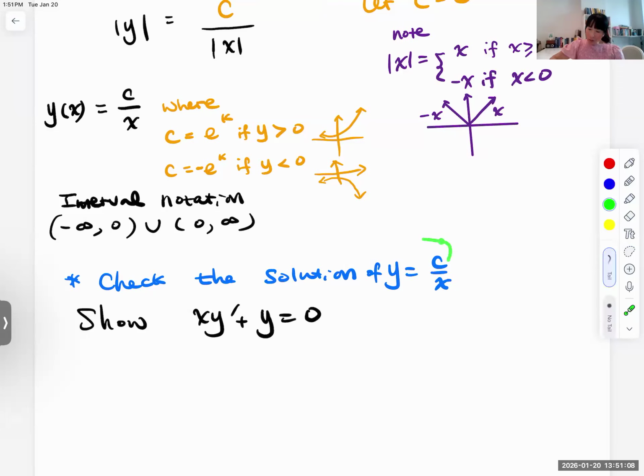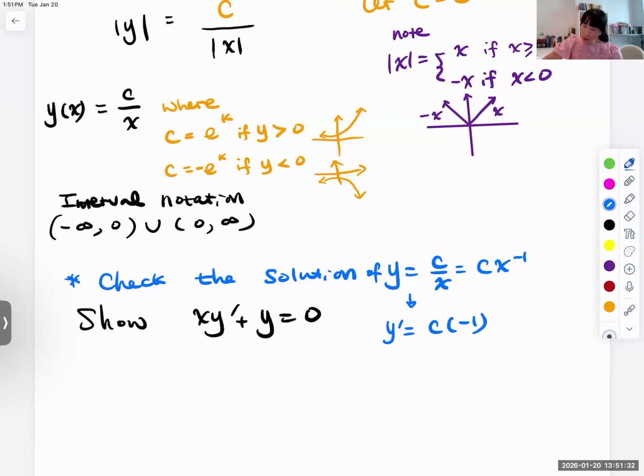Okay, so we have y, right? We can substitute. What about the y prime? So what's the y prime? C is constant, right? And then we drop the power, reduce by 1, right? So there will be negative x to the negative 2, with a c, right? So there will be negative c over x squared. Okay, so let's substitute.